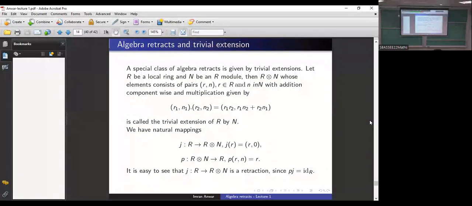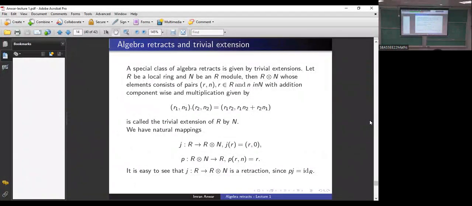Then R tensor N, whose elements look like this, is represented in the form of pairs, where R is coming from the ring and N is coming from the module N. So addition is the usual component-wise, but multiplication is given in this particular way.